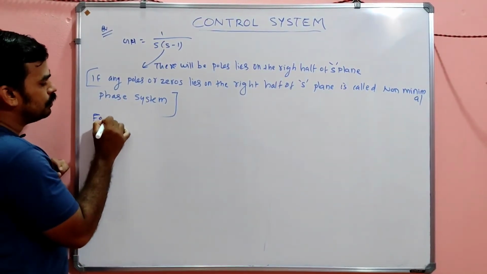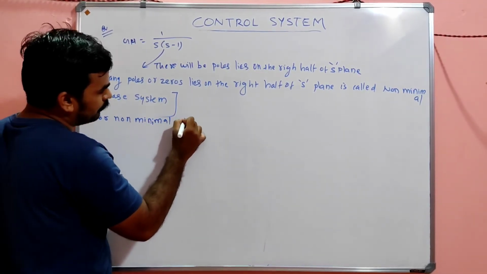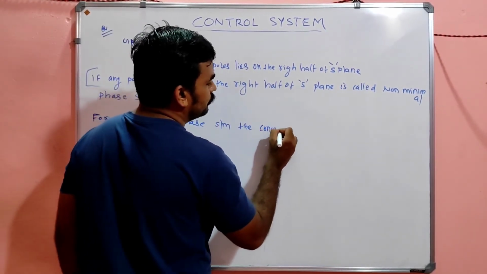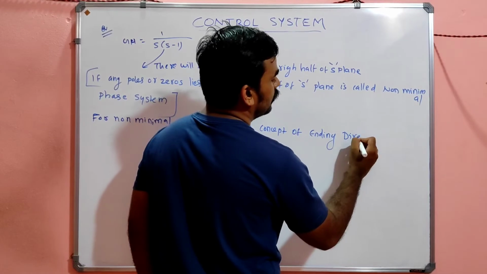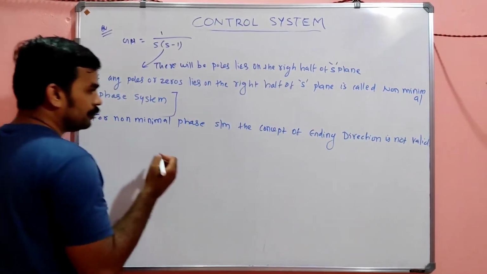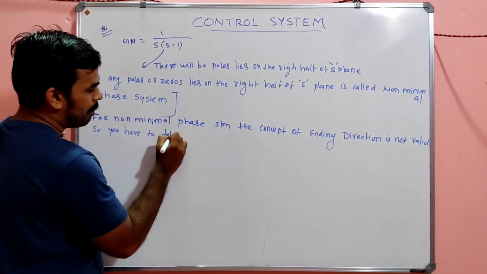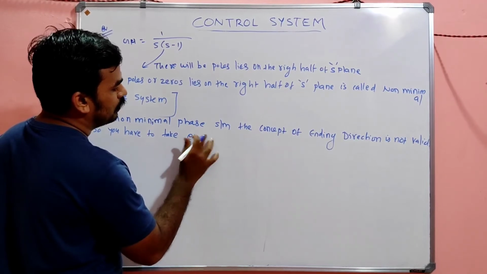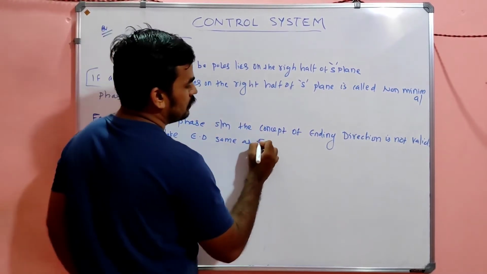So for a non-minimal phase system, the concept of ending direction is not valid. So you have to take the ending direction the same as the starting direction.